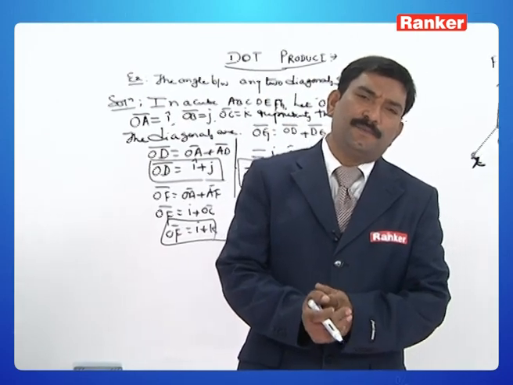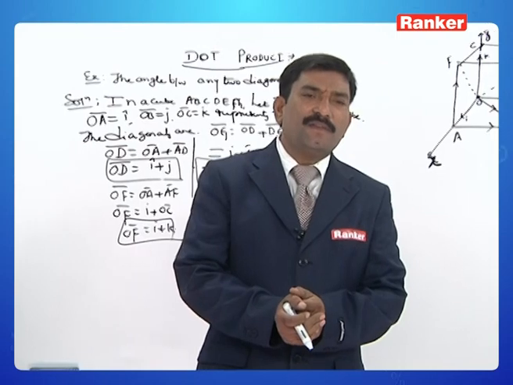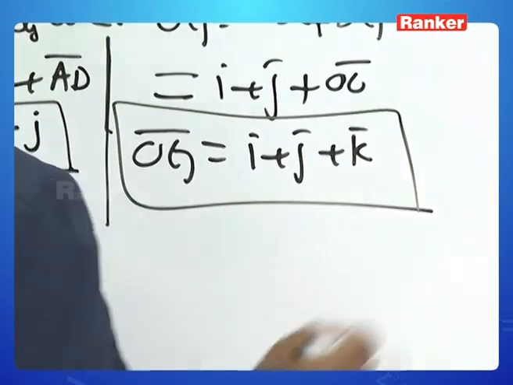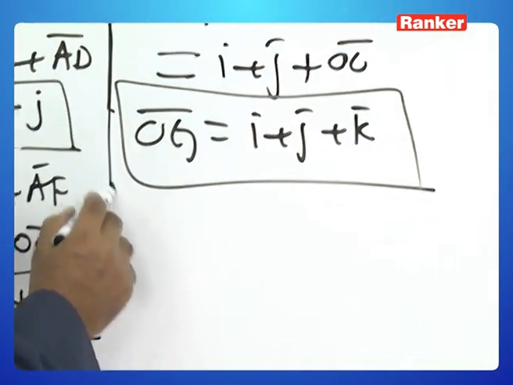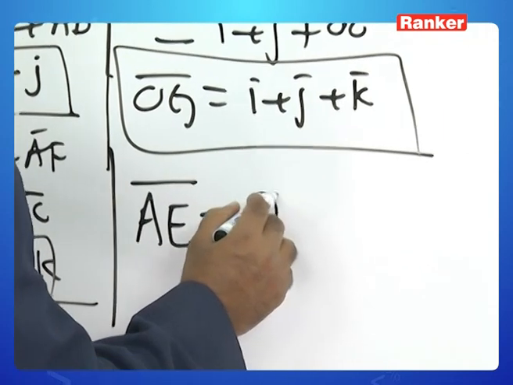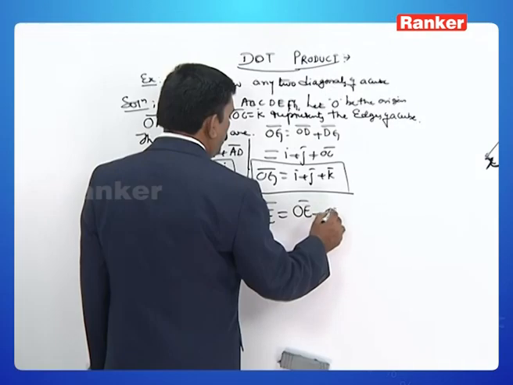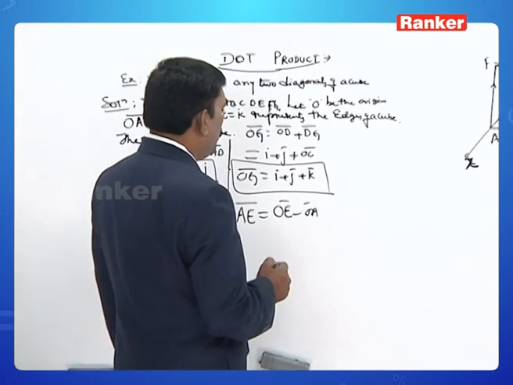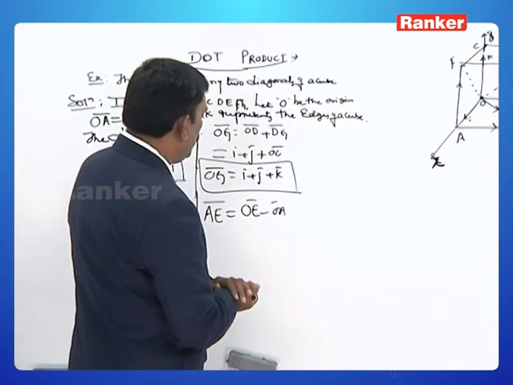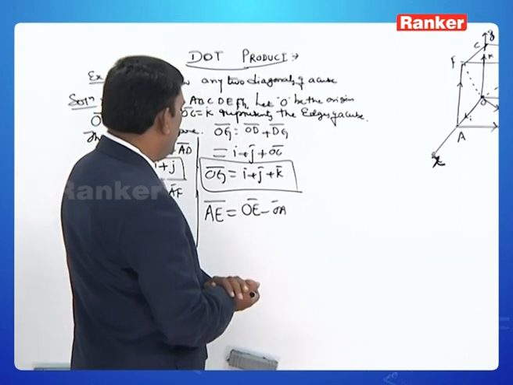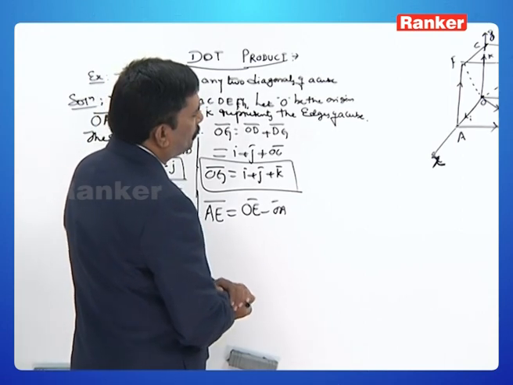OC bar is a diagonal of a cube. Then the other diagonal is AE bar. Let us find out what is AE bar. OE minus OA. So therefore, I want to find out OE bar.